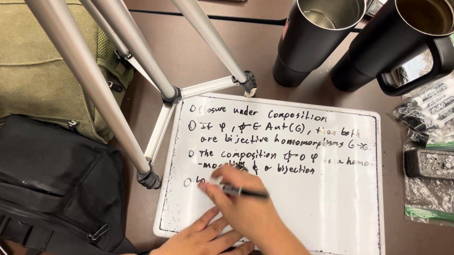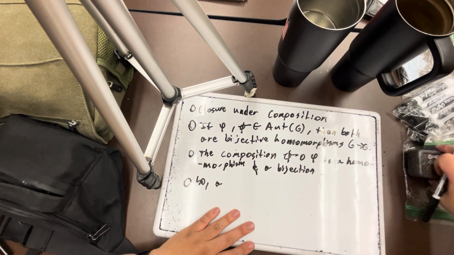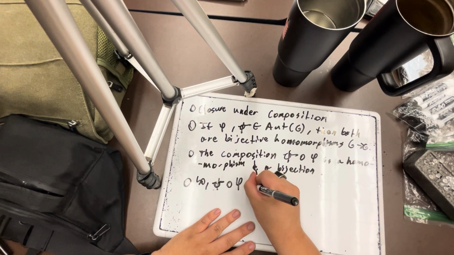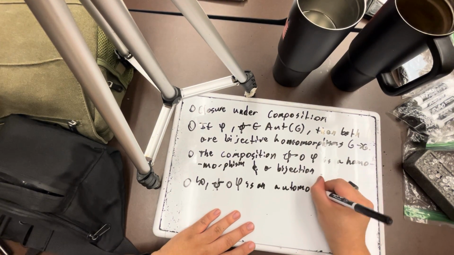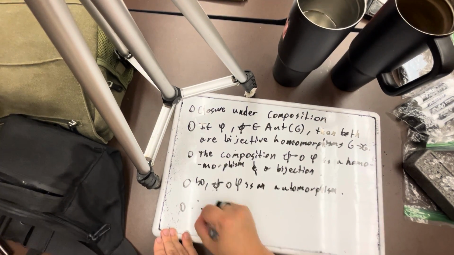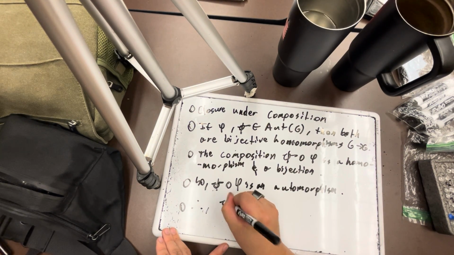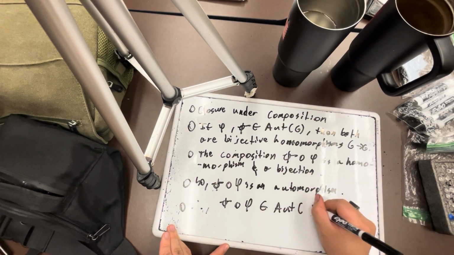So psi of phi is an automorphism. Therefore, psi of phi is contained within Aut of G.